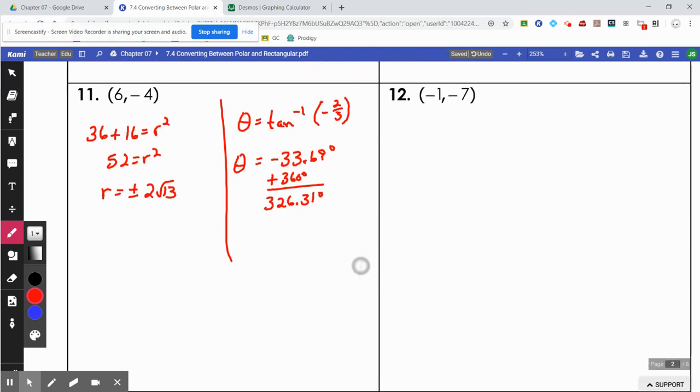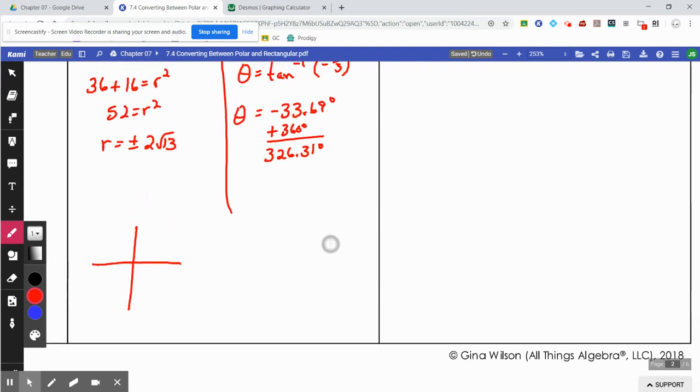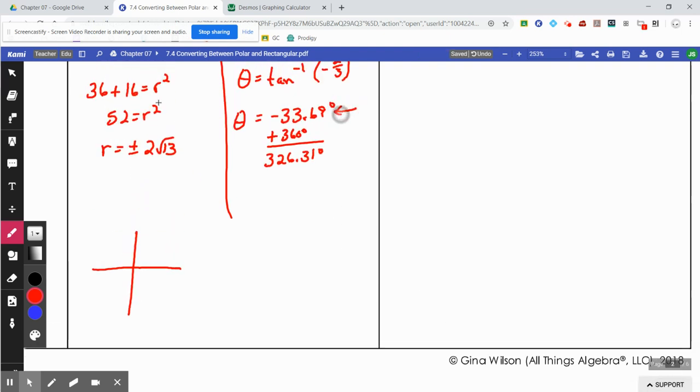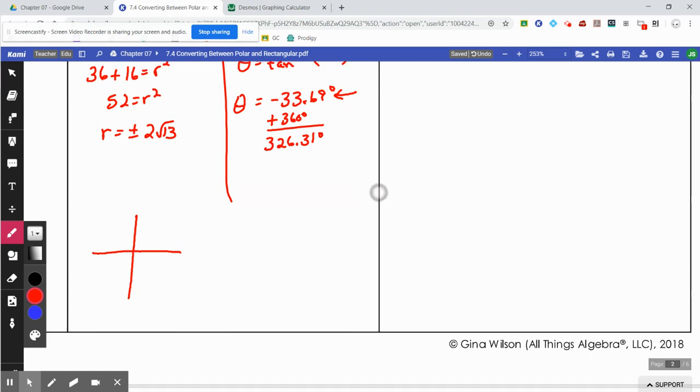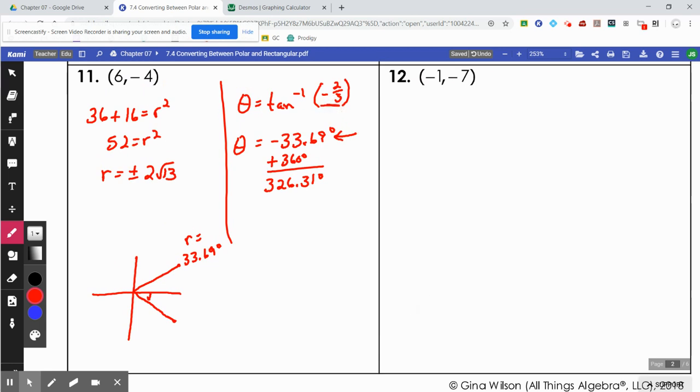Okay, now these are a little bit tougher. I've got to figure out how I can find that other angle. Well, if you look back to the very first part, it gave you your reference angle. Your reference angle here is going to be a 33.69 degree reference angle, because this -33.69 is going to have the exact same reference angle as all of these tangent angles. So that's my reference. So where is tangent negative, though?